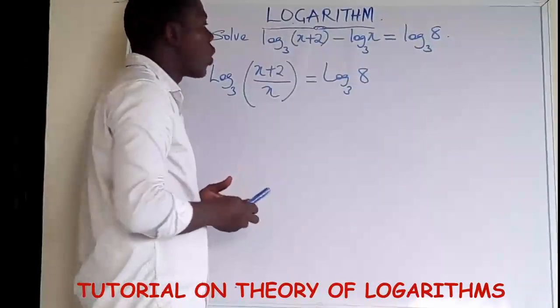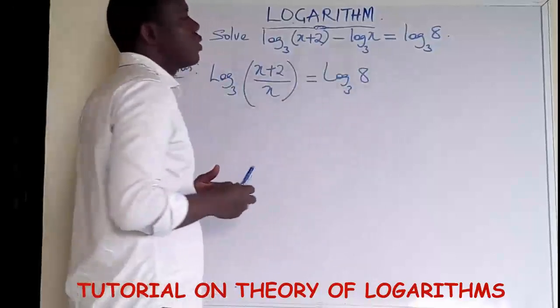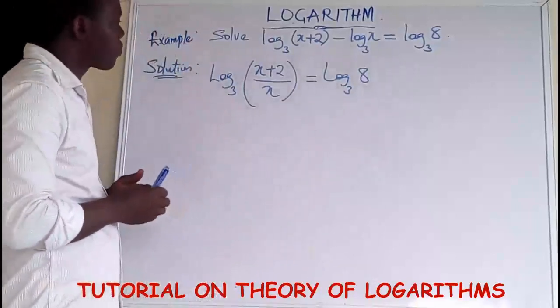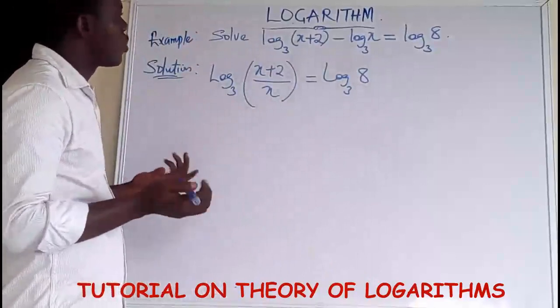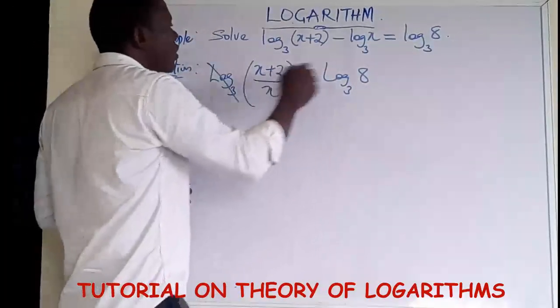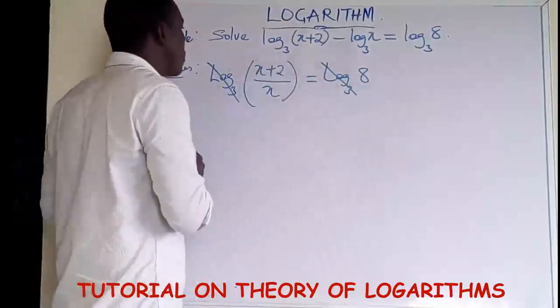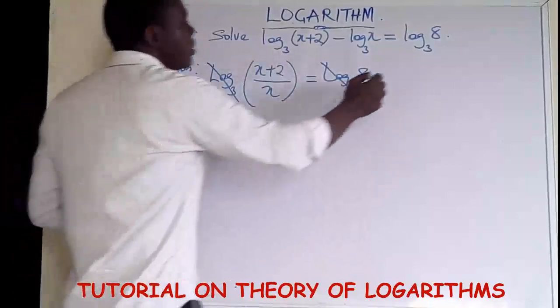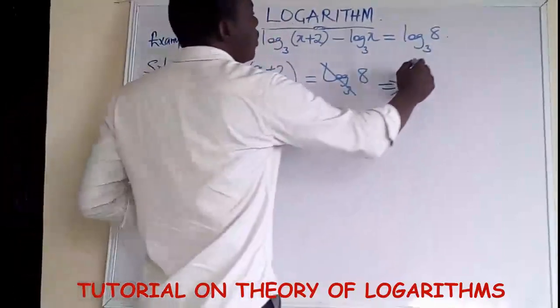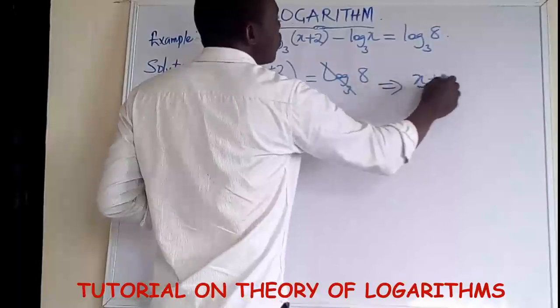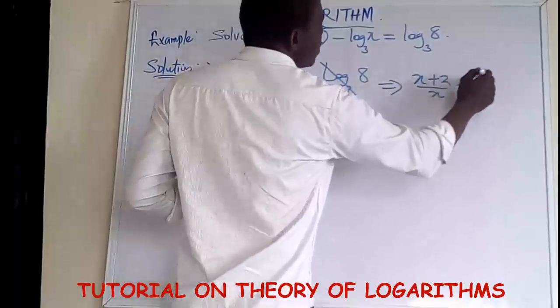And that is equal to this. Having gotten to this level, what we need to do is we can cancel out the logs on both sides so that we can solve this one. So what we have now is x plus 2 over x equals 8.